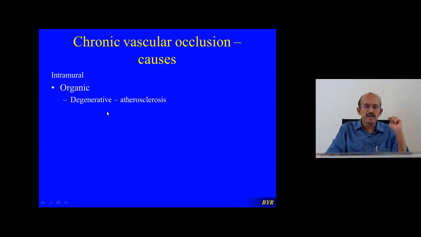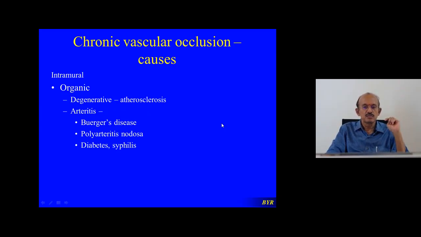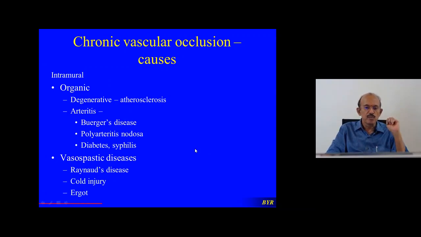Organic causes are degenerative, that is atherosclerosis, then arteritis, for example Buerger's disease, polyarteritis nodosa, diabetes and syphilis, then vasospastic diseases like Raynaud's disease, cold injury, ergot poisoning. These are all the intramural causes for chronic vascular occlusion.